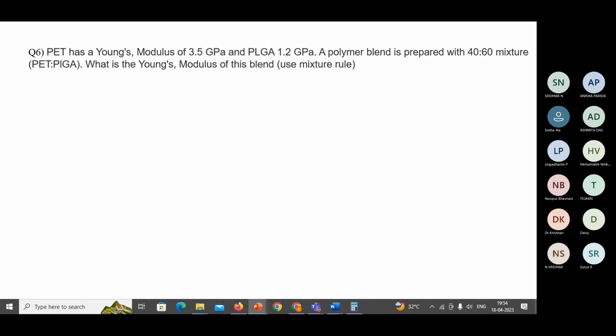A polymer blend is prepared with a 40:60 mixture ratio. What is the Young modulus of the blend? Please everyone try to calculate and let me know.